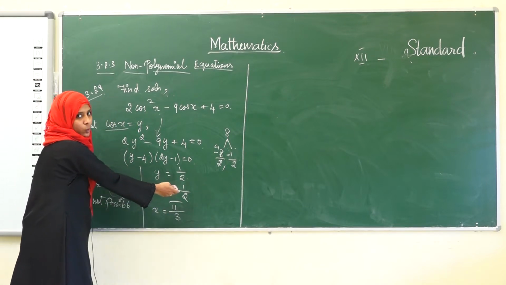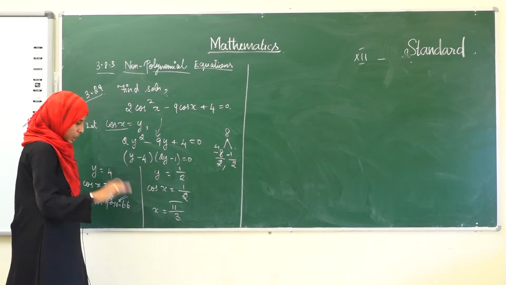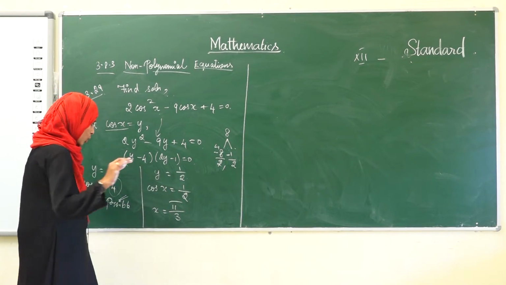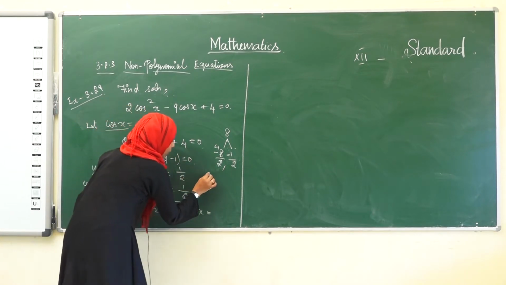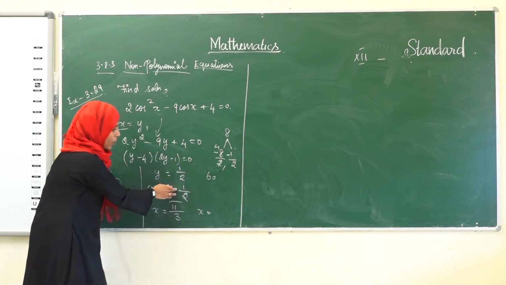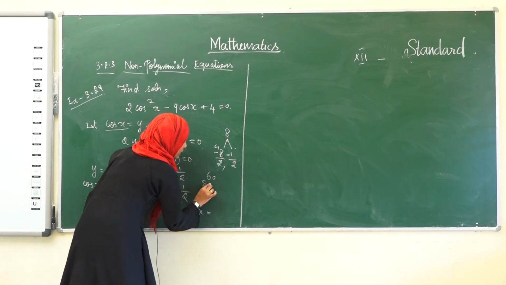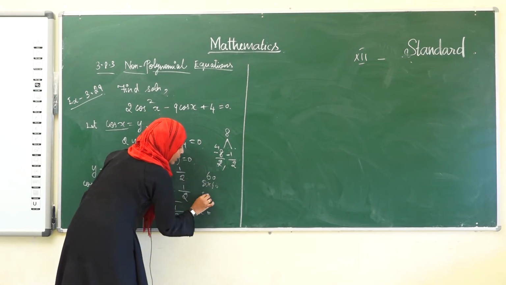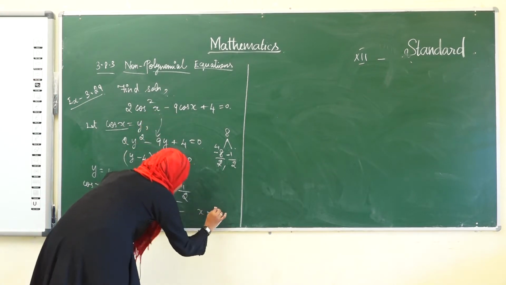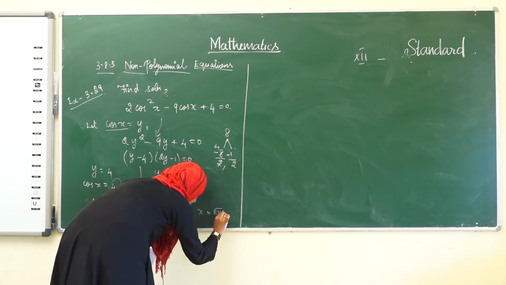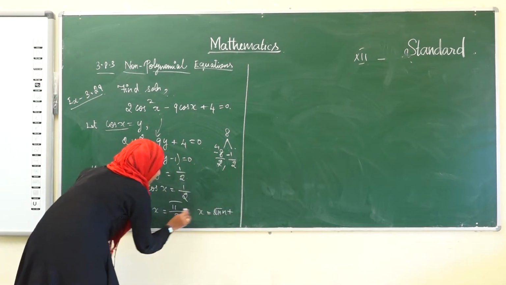Cos 60 degree is 1 by 2. This is not only for 60 degree. We get 1 by 2 for 60 degree, and for 2 into 60 degree we get 1 by 2, and for 3 into 60 degree we get 1 by 2. Therefore we can write it as 2 pi n plus pi by 3.